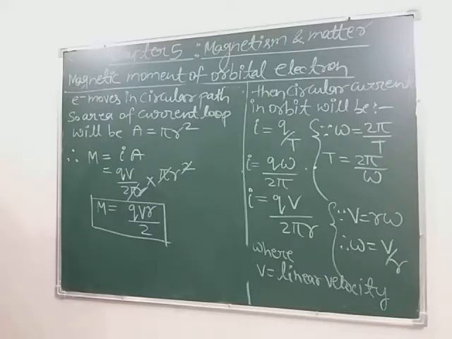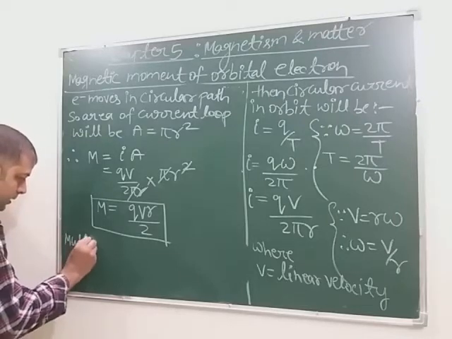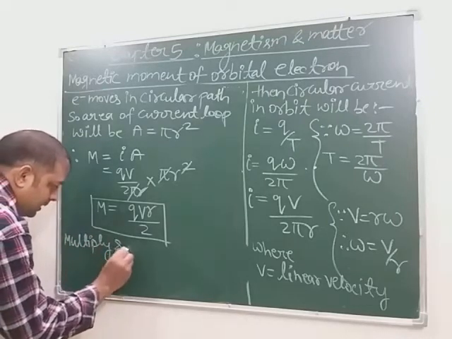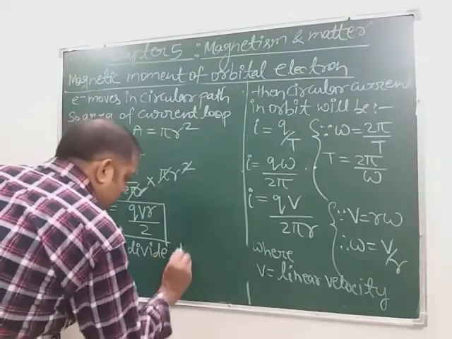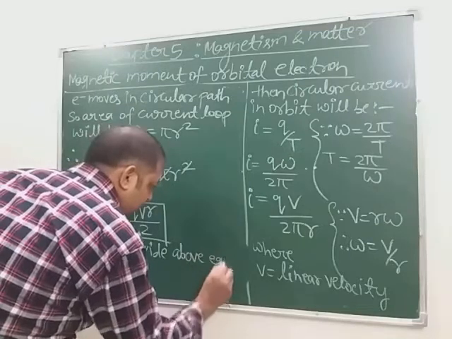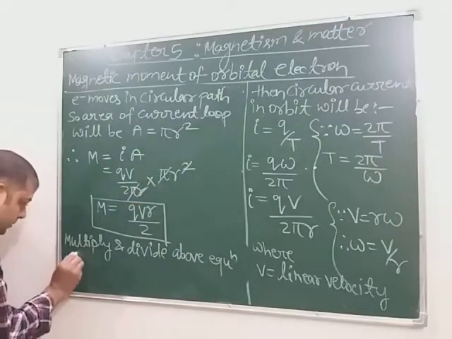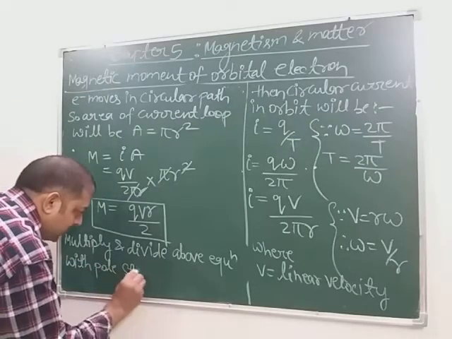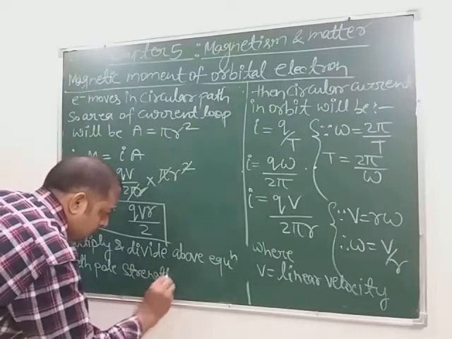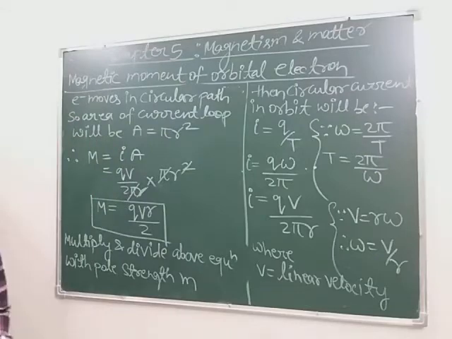Multiply and divide the above equation with pole strength small m. We will multiply and divide it by small m. So it will look like this.